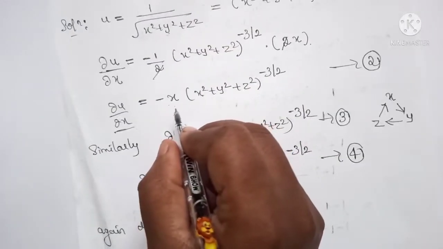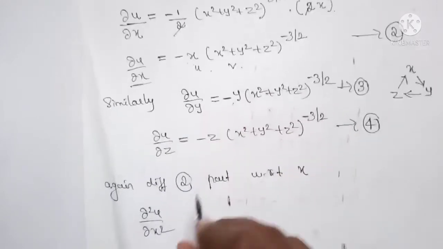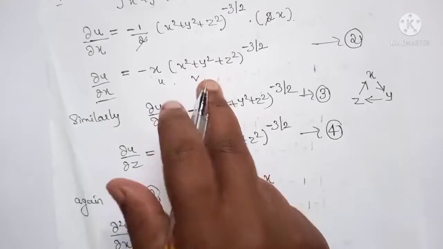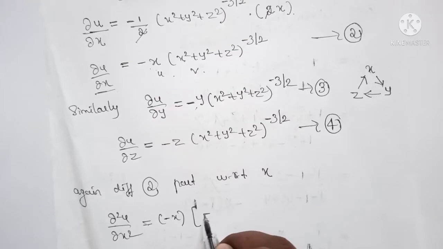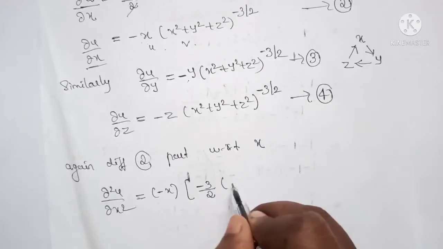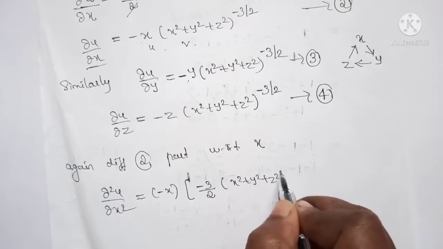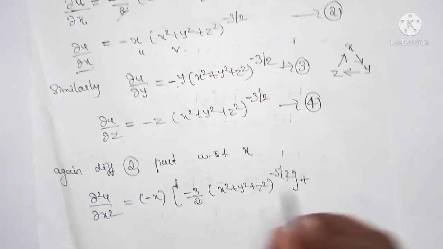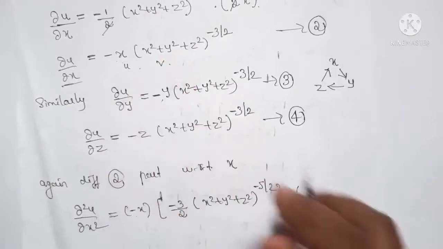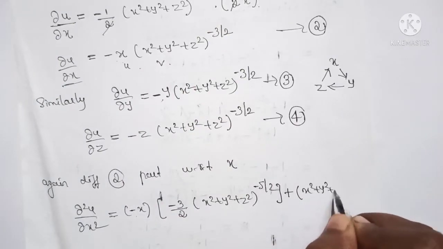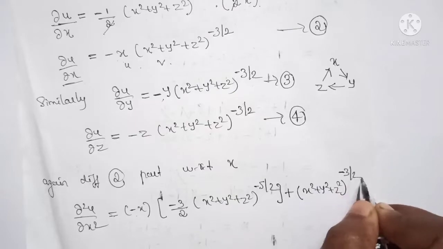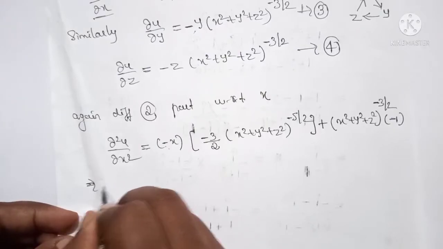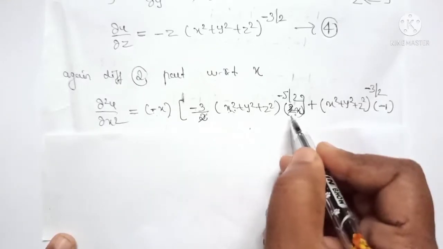Here we are differentiating with respect to x, so we treat this as a product of two functions. The first function, minus x, stays as it is, times the differentiation of the second, which is minus 3 by 2 (x square plus y square plus z square) power minus 5 by 2, times 2x. Plus the second function as it is, (x square plus y square plus z square) power minus 3 by 2, times the differentiation of minus x, which is minus 1.